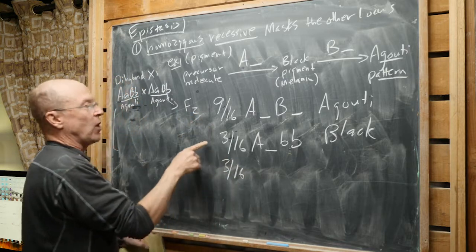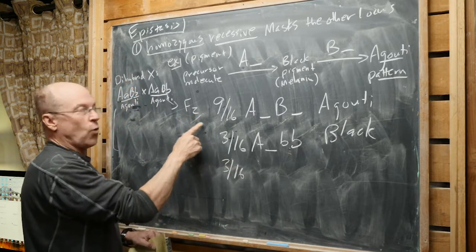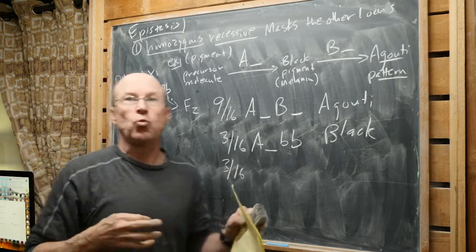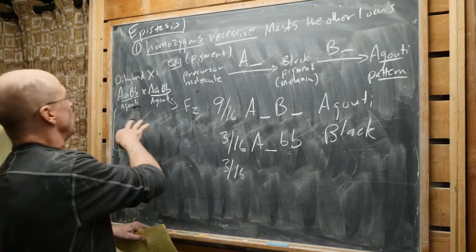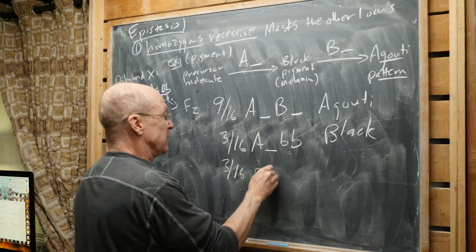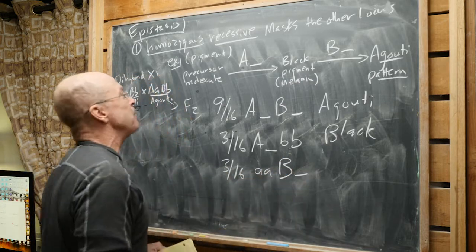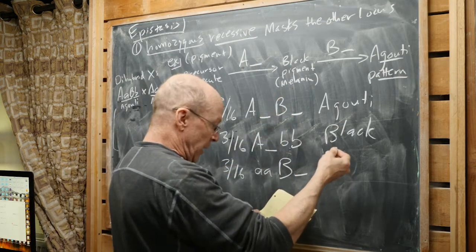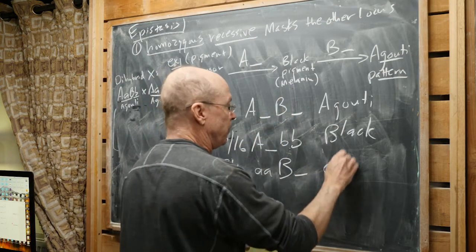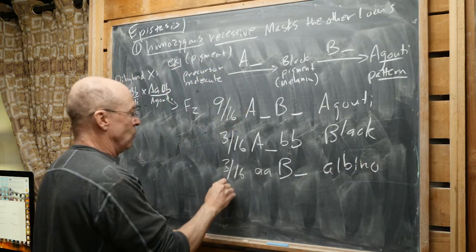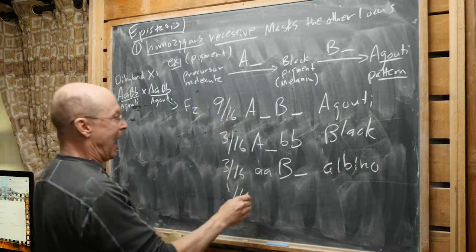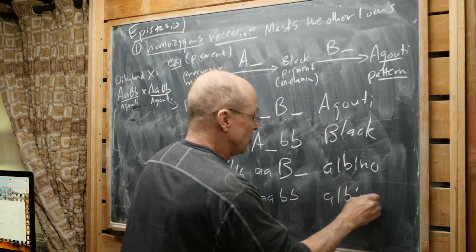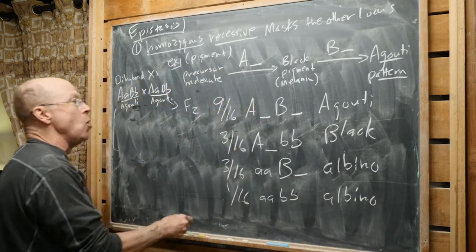All these numbers came straight from our 4x4 example of a dihybrid cross. We used Y and R, now we're into A and B. Then 3/16 would be little a, little a, big B question mark. Now what happens here? They don't get to black, so they're basically going to be albino. And then 1/16 also doesn't get to black because it's little a, little a, little b, little b. It's albino.